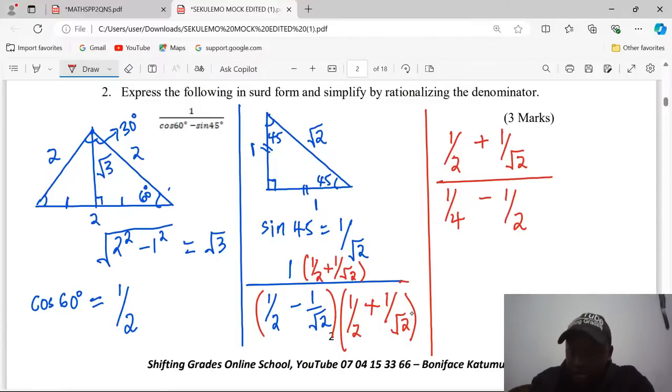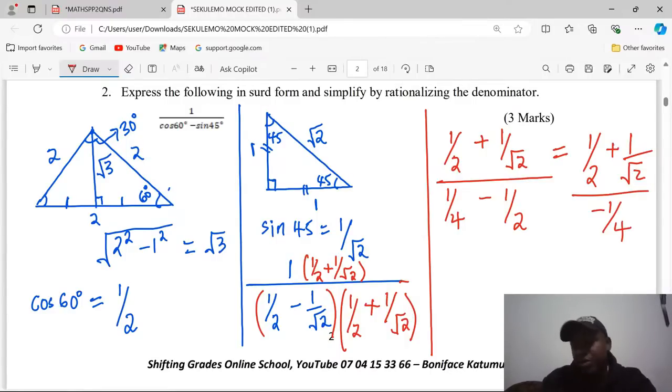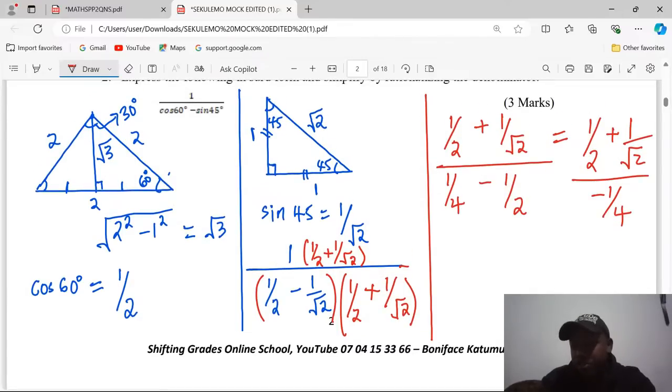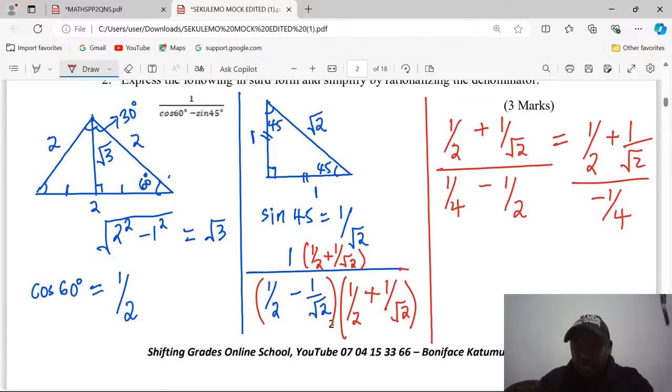So now we have 1 over 2 plus 1 out of the root of 2 divided by negative a quarter. To do away with the denominator, which is a fraction, dividing by negative a quarter means multiplying by negative 4.